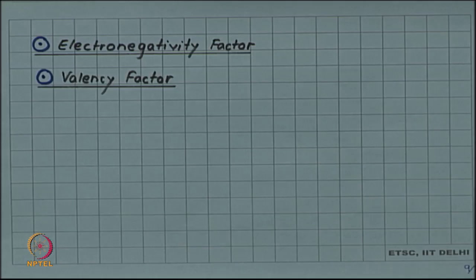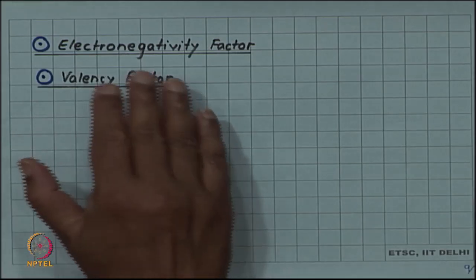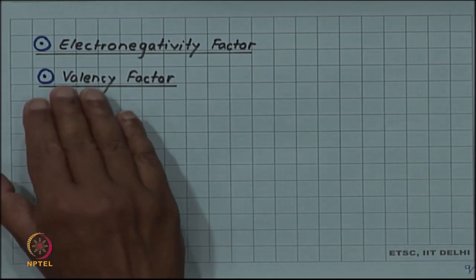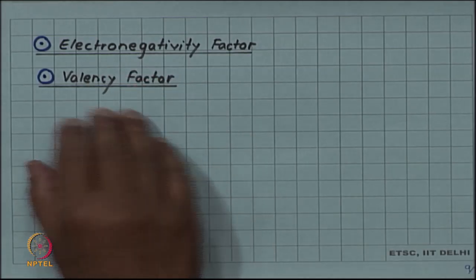Finally, two more rules are there, and I am putting them together: electronegativity factor and valency factor.